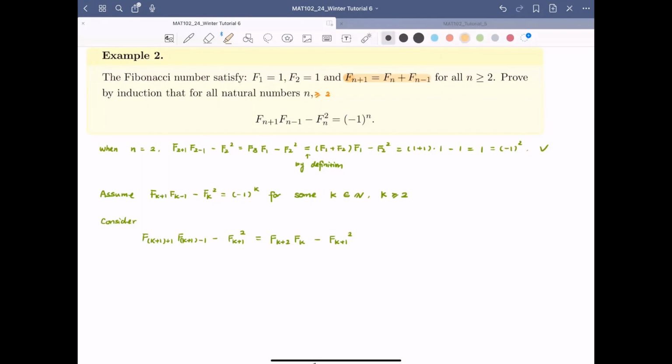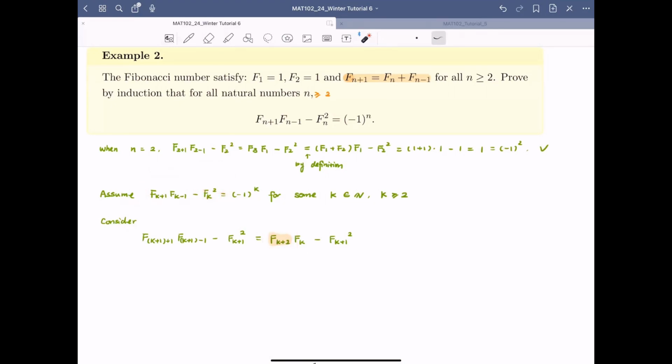Here, I'm going to change this using my recursive definition. Why? Because if I look at my IH, I can see that there is no f of k plus 2. This is a term I want to disappear, right? Because the IH has no f of k plus 2.